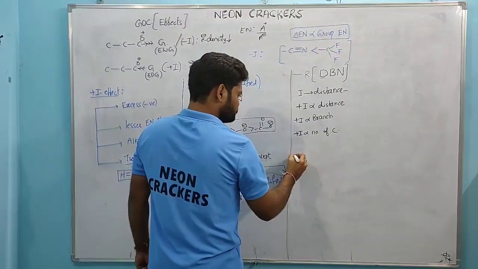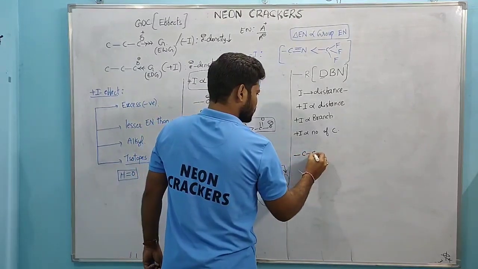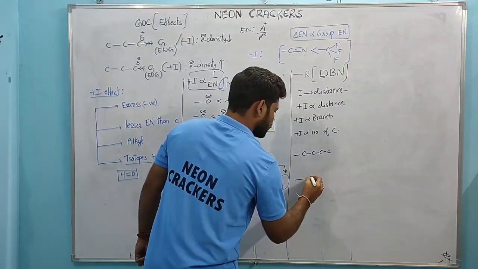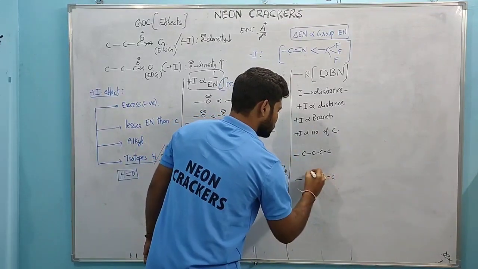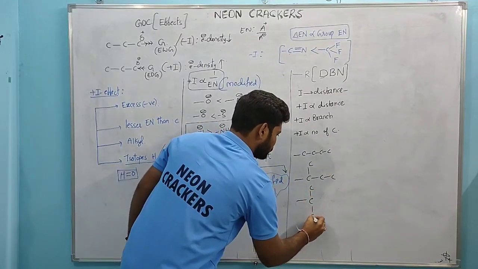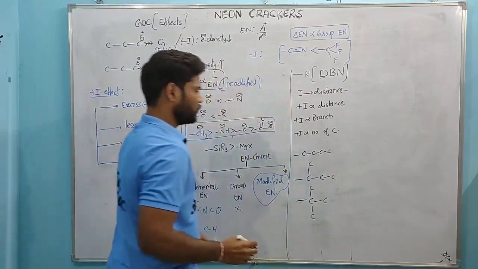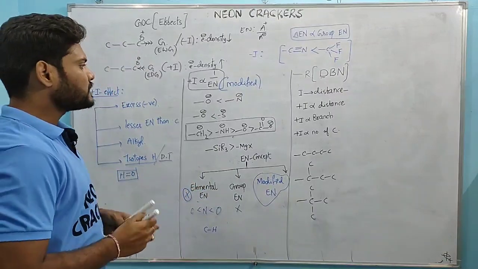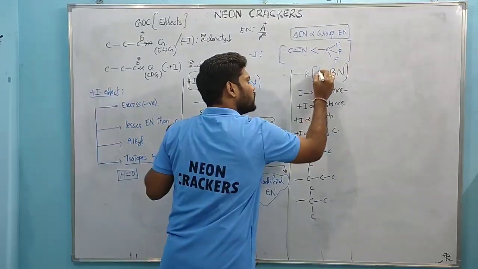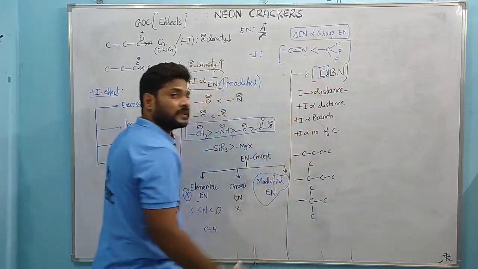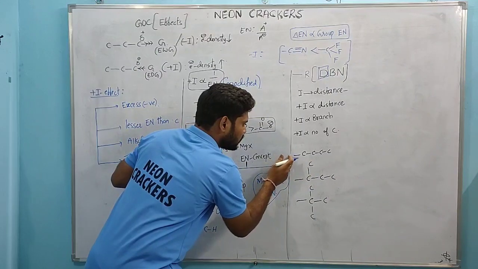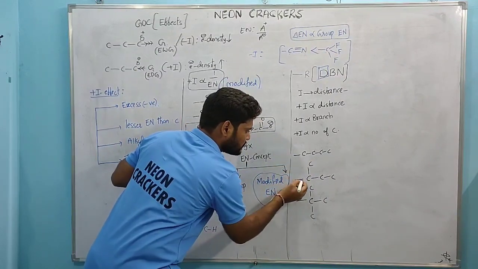One example. If we take here 4 carbons. Next one here also the number of carbons is 4. So now what is the plus I effect order? The first factor is distance. So here one organic cloud is there. This bond is nothing more.